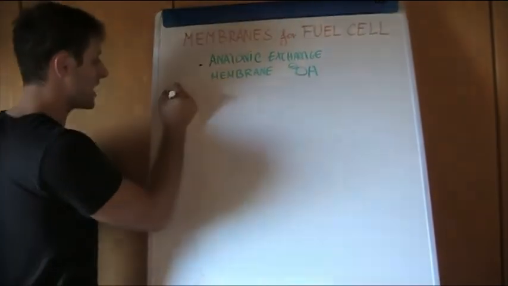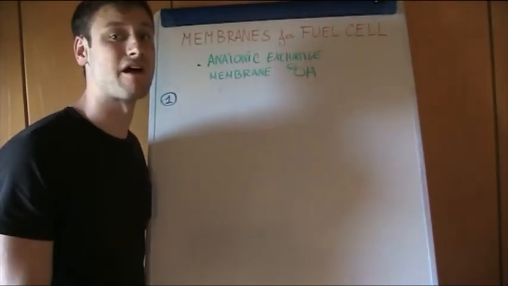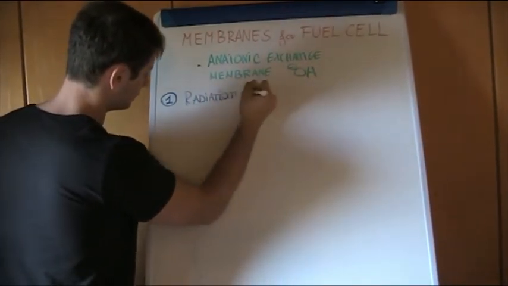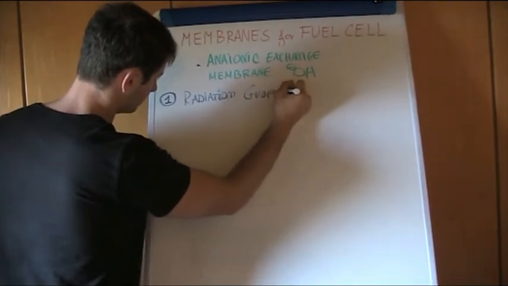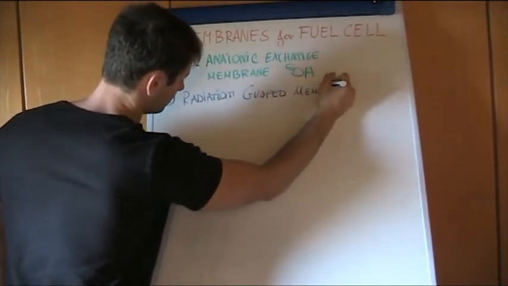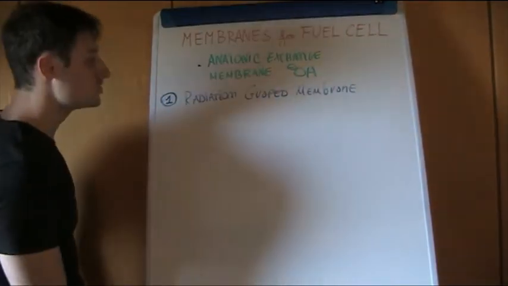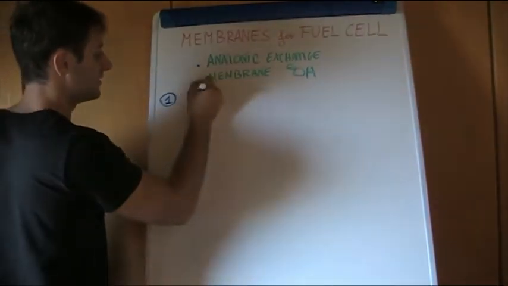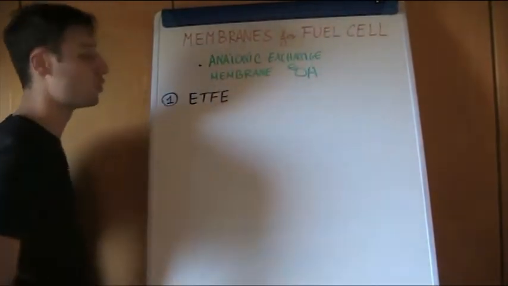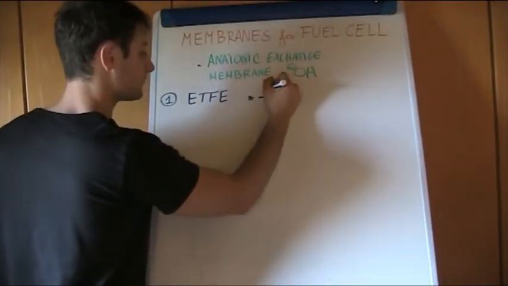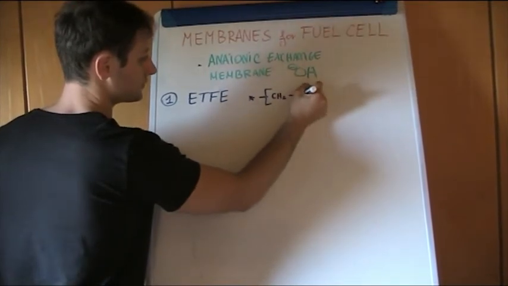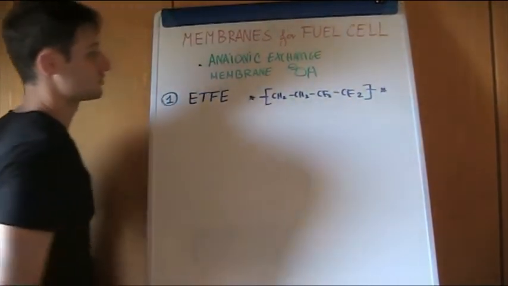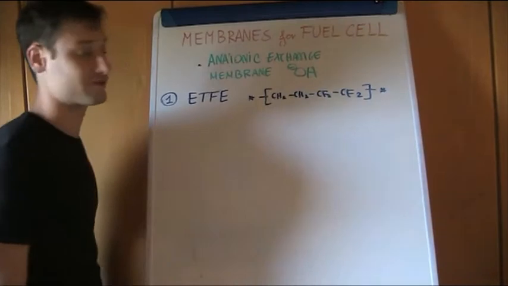The first one is the radiation grafted membrane. That in general is composed of ethylene tetrafluoroethylene, that is a copolymer having this structure, so a unit of ethylene and a unit of tetrafluoroethylene.